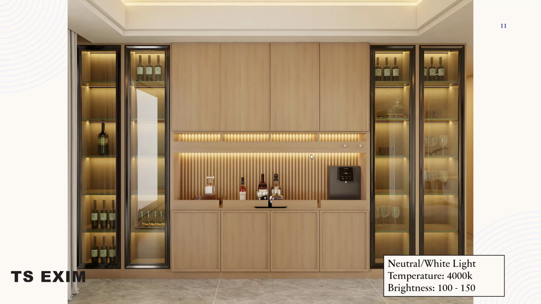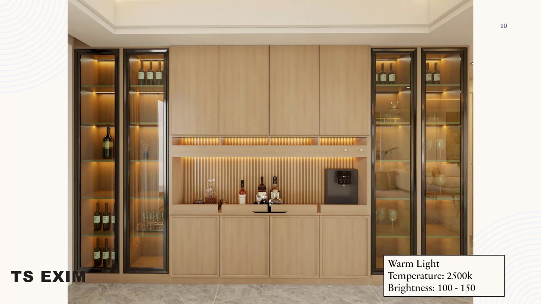So you need to play around with the brightness to balance the inside carcass and the open carcass. Then this one is a cold light. The highest temperature I use is 6500. This will give the white color effect. Same thing with the brightness: the inside is 150, the outside is 100.